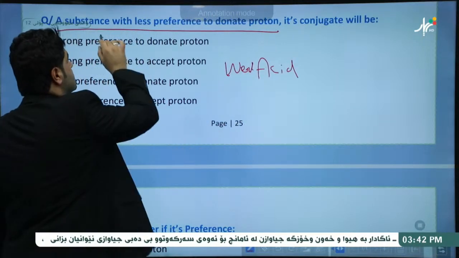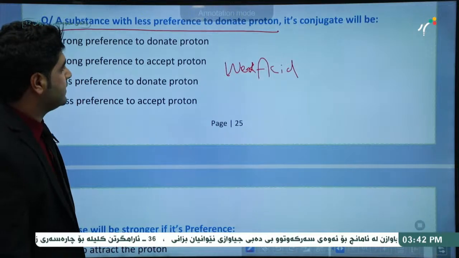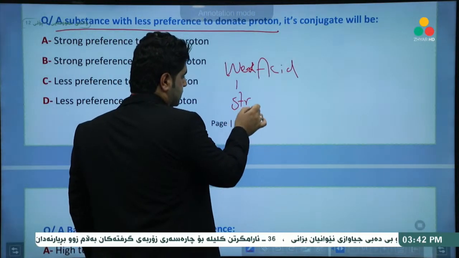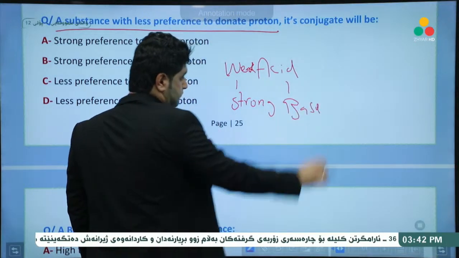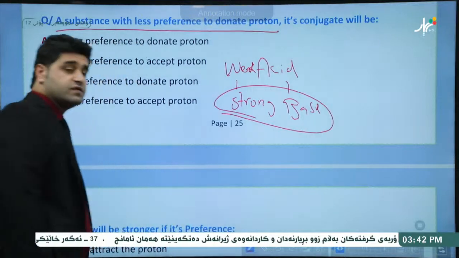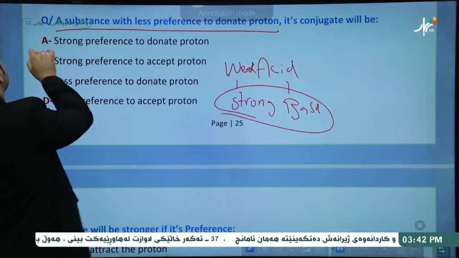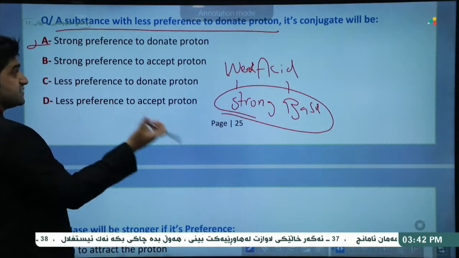But a strong preference means strong. So it's a weak acid. Its conjugate will be strong, a strong base. Now we should look for the property of a strong base. Strong preference for donating a proton? No. A base can attract, can gain a proton strongly.